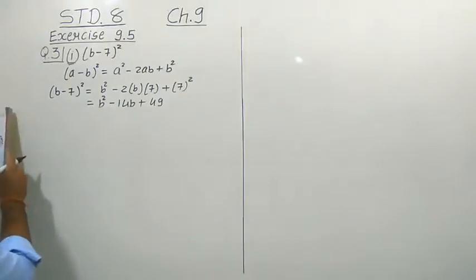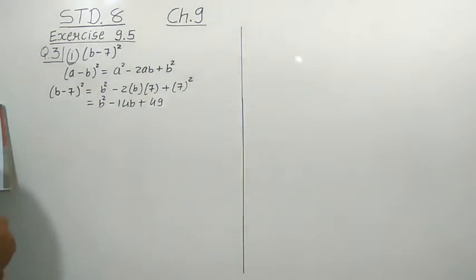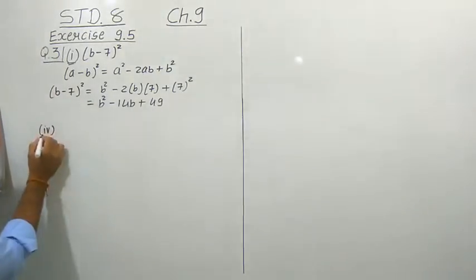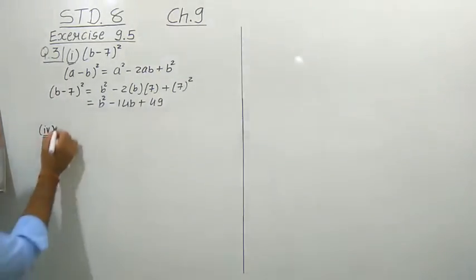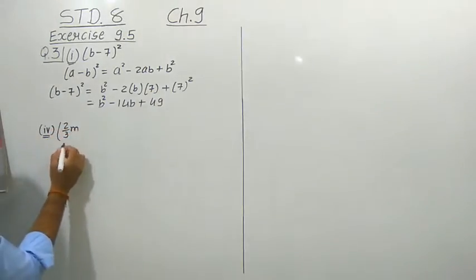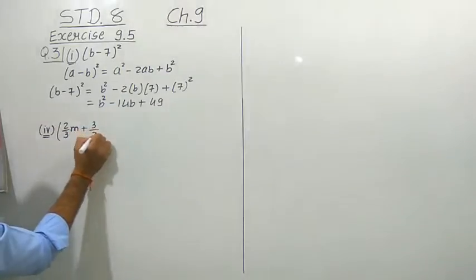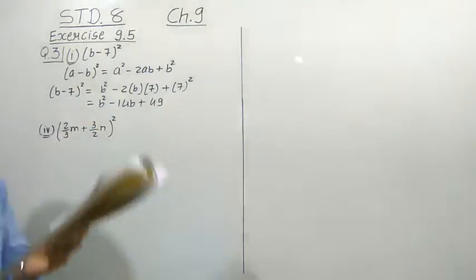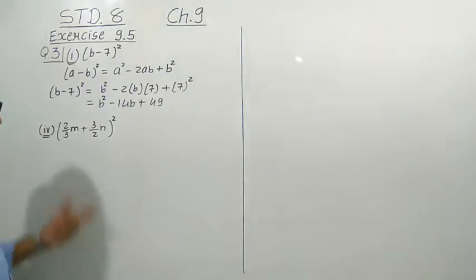Let us see now the sub question number 4. Right? Here there is 2 upon 3m plus 3 upon 2n whole square. Here we have to find out the square of this bracket.